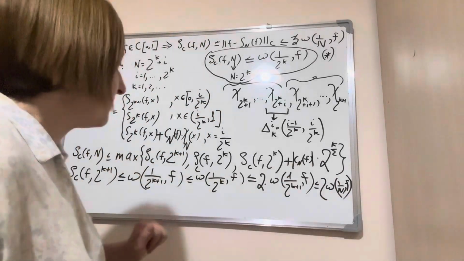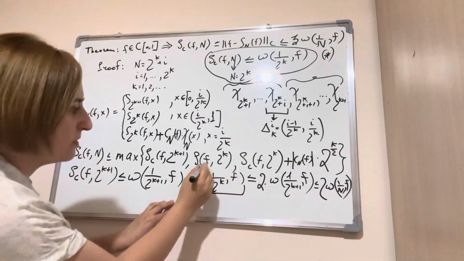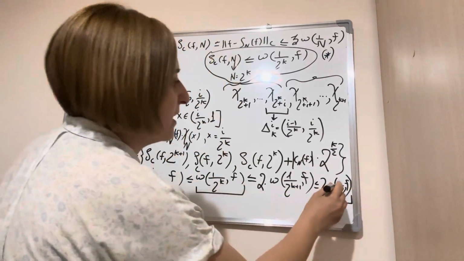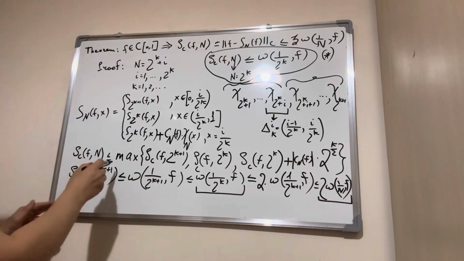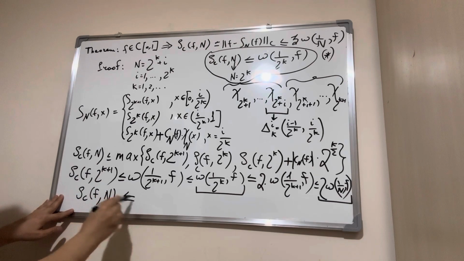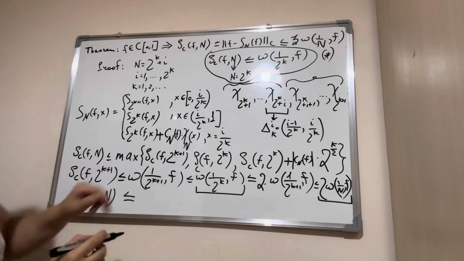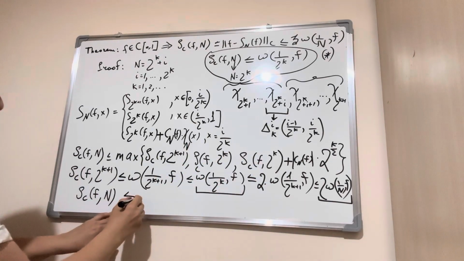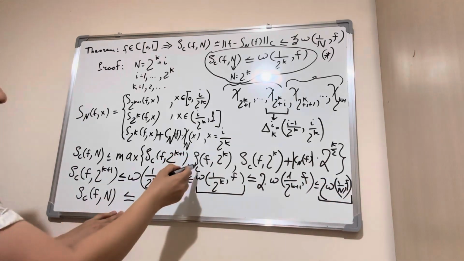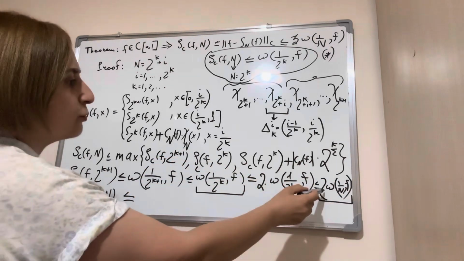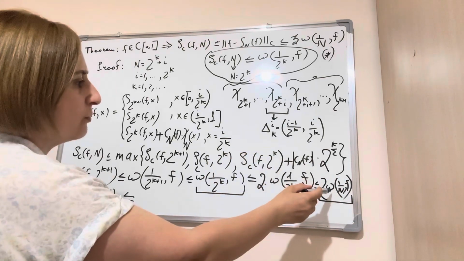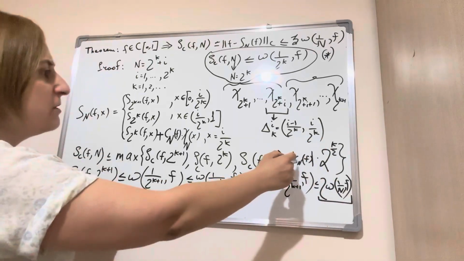Once I have this, and also taking into consideration that omega(1 over 2^k, f) is less than or equal to 2 times omega(1 over n, f), this rho_C(f, n) can now be estimated as less than or equal to 2 times omega(1 over n, f). That second term is also less than or equal to 2 times omega(1 over n, f), and this is less than or equal to 2 times omega(1 over n, f) plus this expression here.